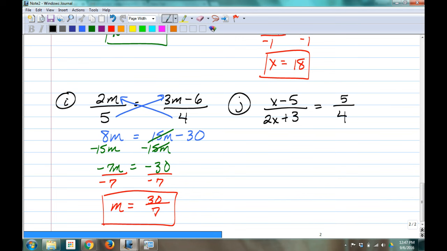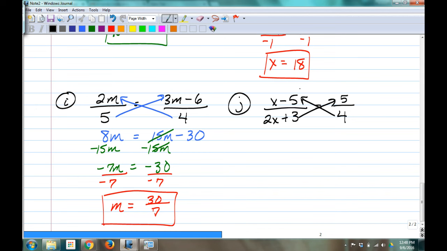Here the x's are both on the same side. But is it a proportion? Is it a fraction equal to a fraction? Yes. So that means how we're going to solve it: cross multiply the same way we've solved every problem so far.